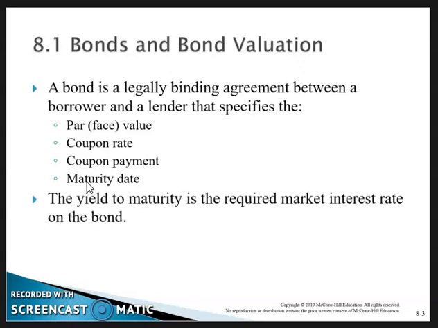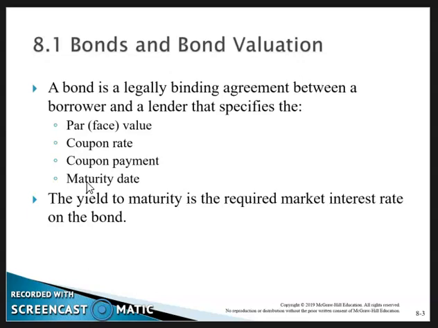So, yield to maturity is the required market interest rate on the bond. That is the rate that is used to calculate the price of the bond. So we're going to do calculations, and you can use the time value of money functions on your calculator.